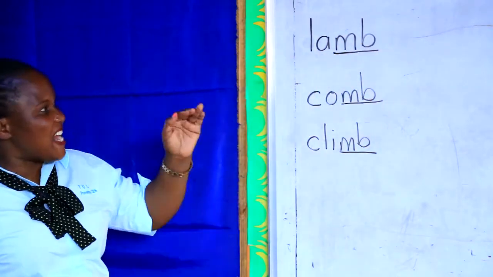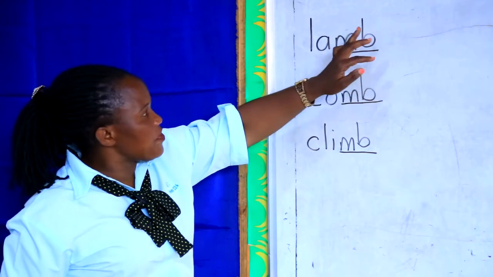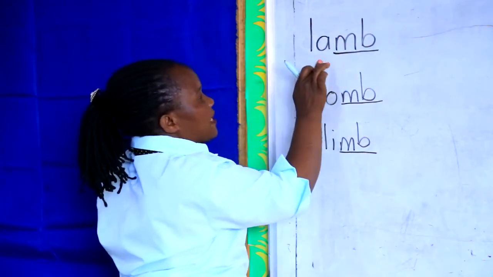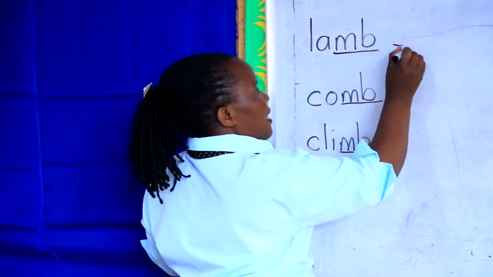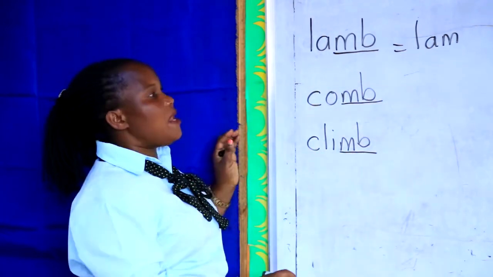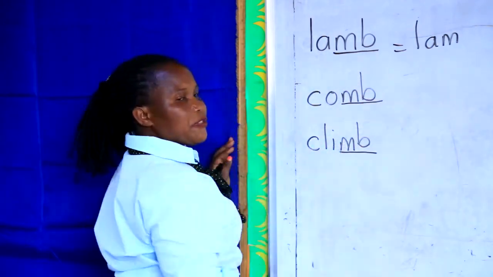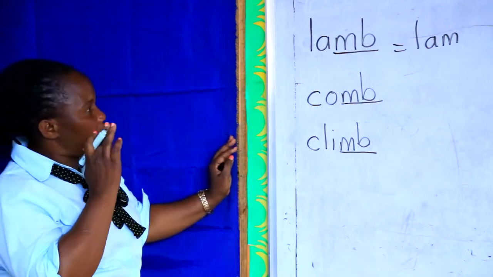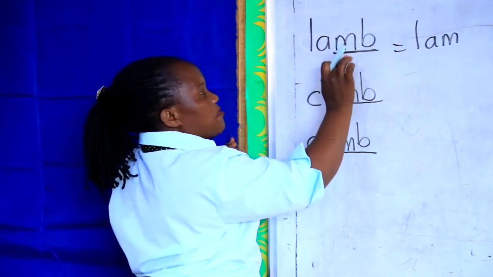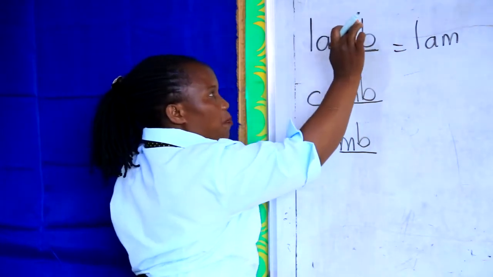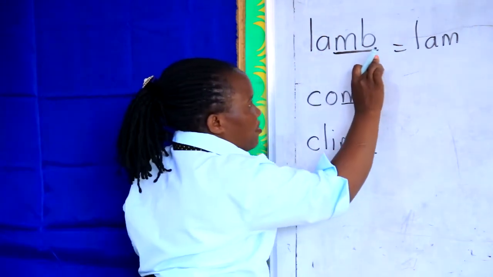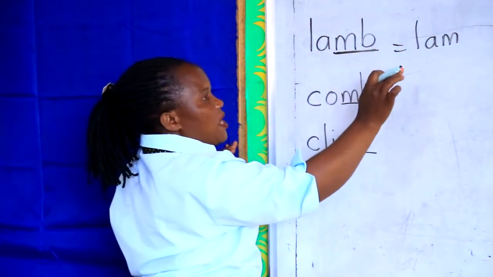If a word ends with this, you will read the word like this, lamb, as if you were saying lamb. You will only pronounce the M. Everybody say lamb. Any word which ends with M and B, you don't pronounce the B.